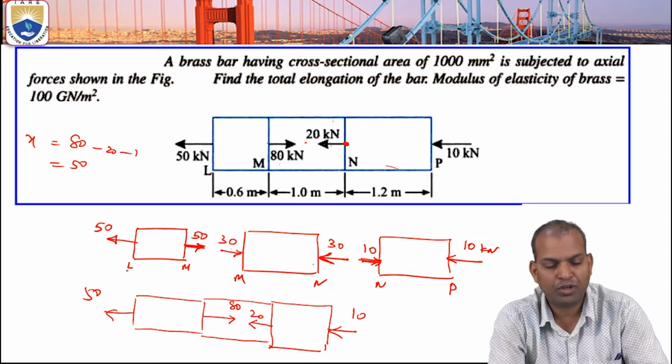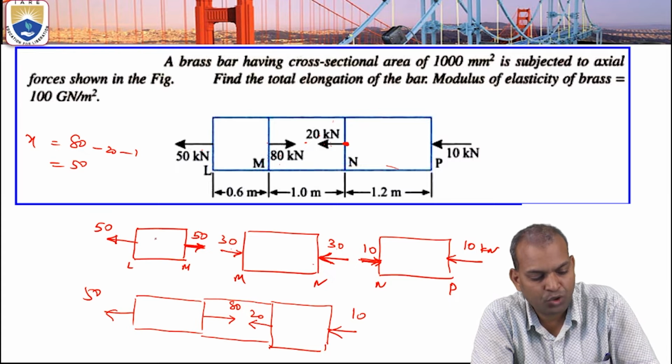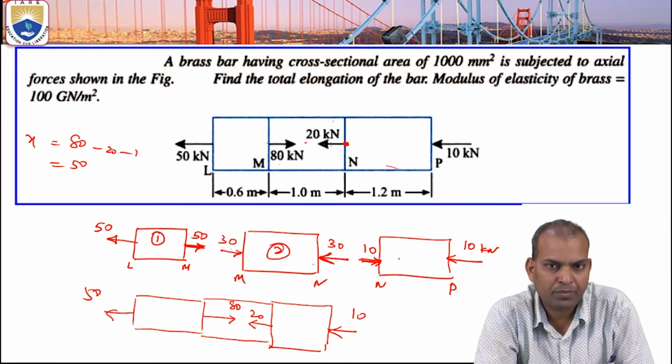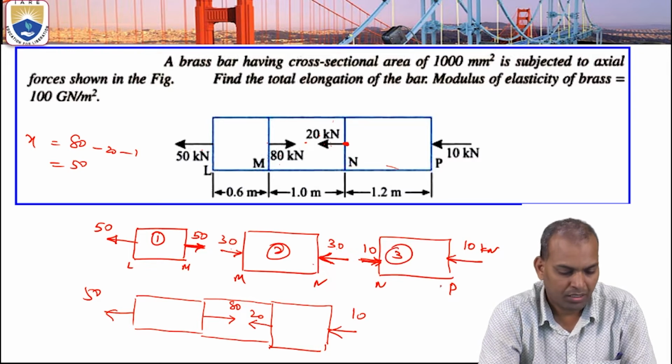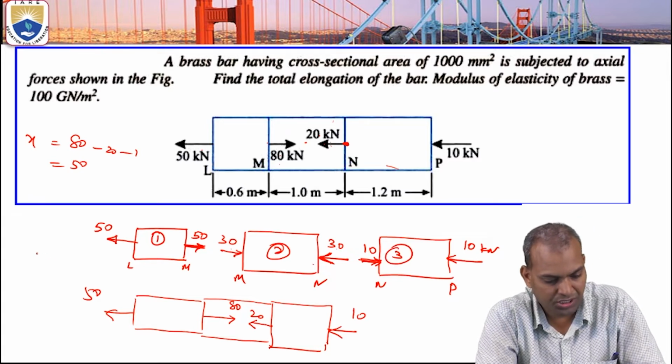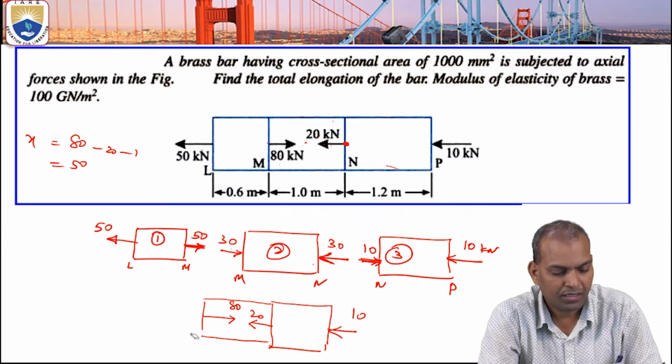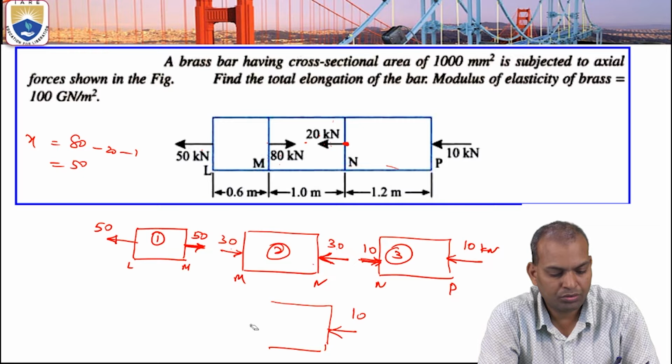We have drawn the free body diagrams. Now, the Lm portion is section 1, the Mn portion is section 2, and the NP portion is section 3. The total extension of the bar, that is delta L, how to calculate?